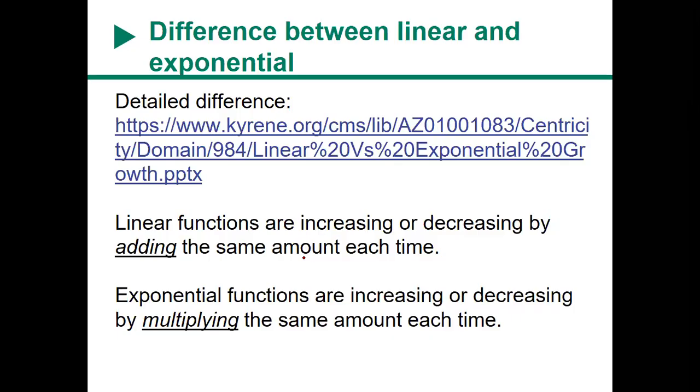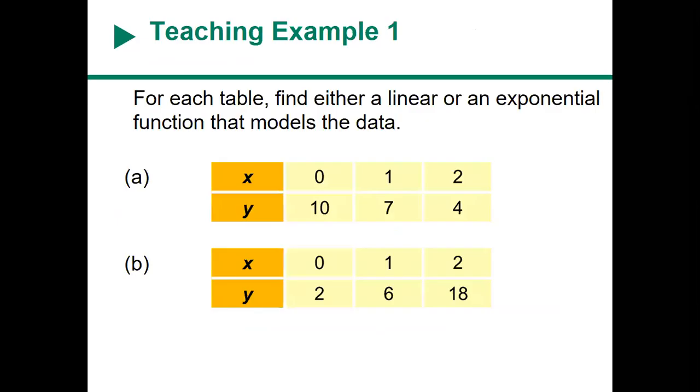Okay. So to identify the change, we're going to look from one number to the next. If I added a consistent number, then that's a linear function. If I multiply from one number to the next, then that is exponential. So let's analyze these two tables. I'm going to ask myself, how did I get from 10 to 7?